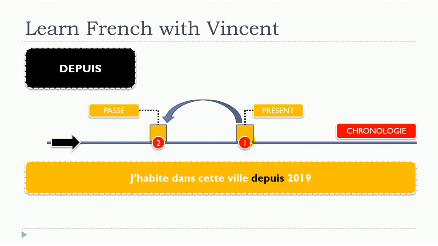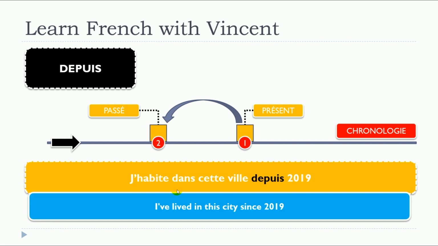And then you want to make the connection with the past because you want to introduce the date or the year when you started to live in this city. So, j'habite dans cette ville, so you will use depuis, and then you just introduce here the year 2019. J'habite dans cette ville depuis 2019.